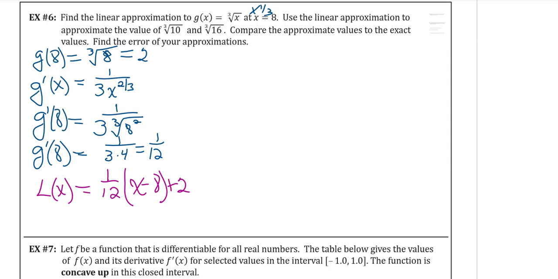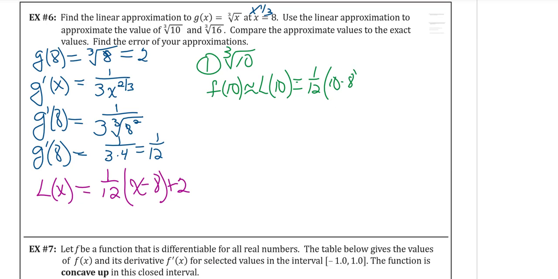All right, so let's go ahead and first find the cube root of 10. Let's approximate that. So we're looking for f of 10, which is approximately equal to L of 10. That's going to equal 1/12 times 10 minus 8 plus 2.